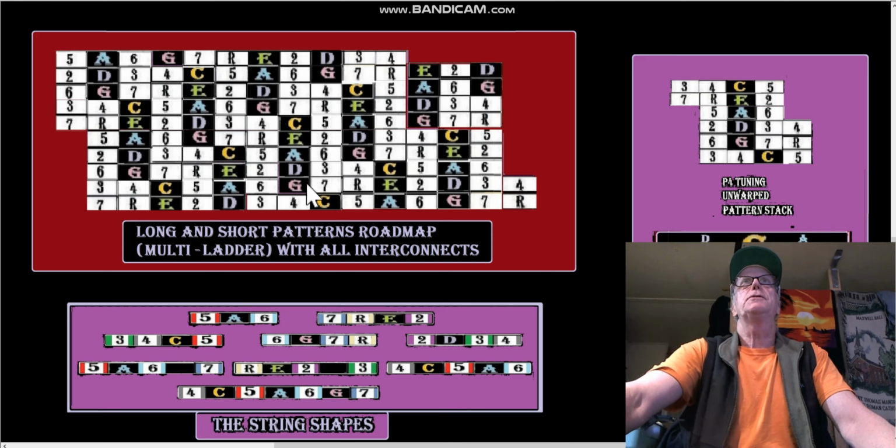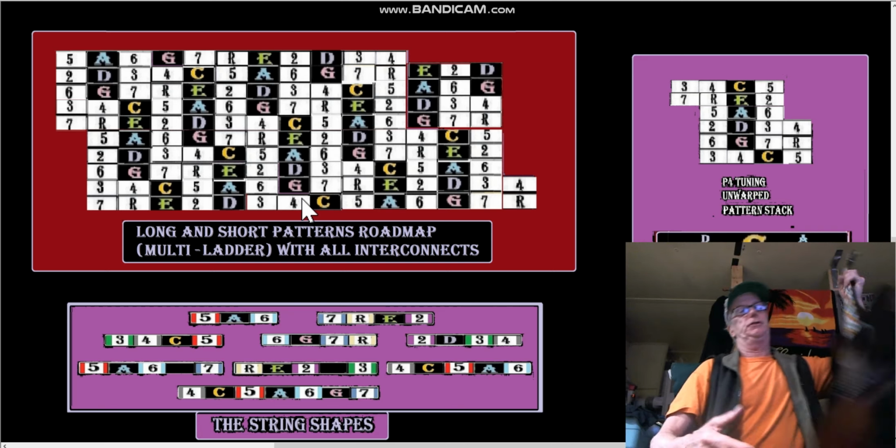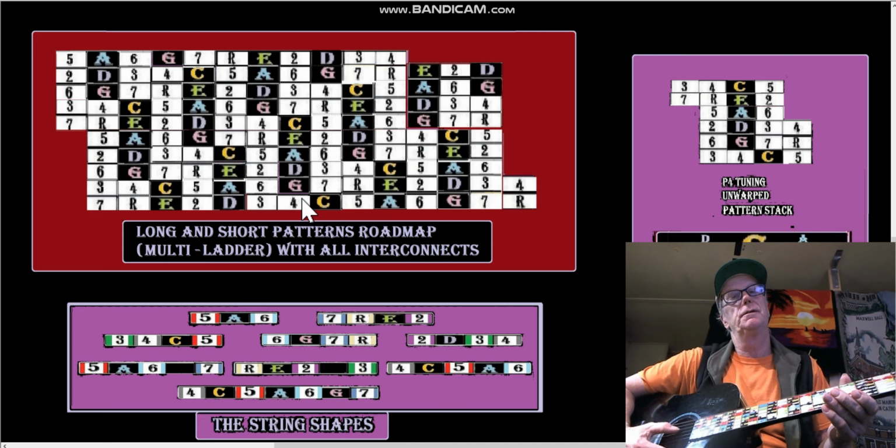How come this could be so tall, like 10 strings? Remember, these are like strings here. Why could it be so tall, and why is it so tall, when the guitar is only 6 strings? Remember, I'm C tuned here.